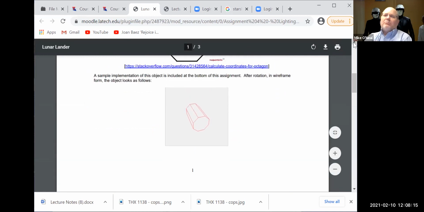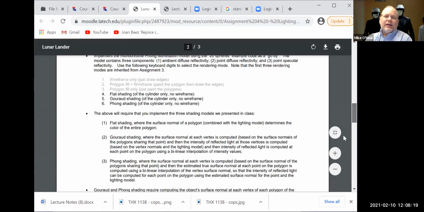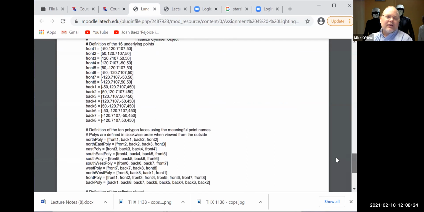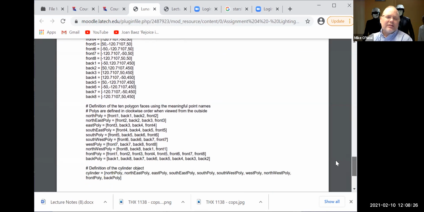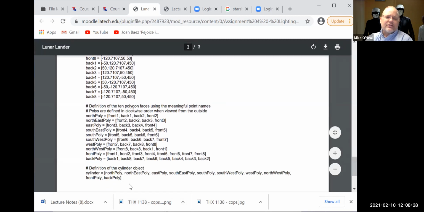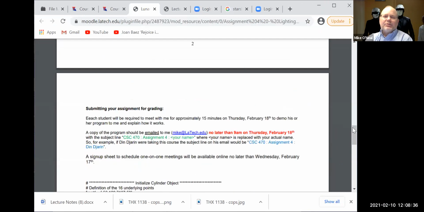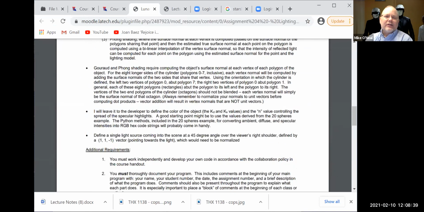So I'm giving you the object. If you go to the last page, I give you all of the vertices, how to put them together in the polygons, and the definition of the cylinder. So this looks very similar to what we've been using all along. You got the object free. I gave it to you for free.